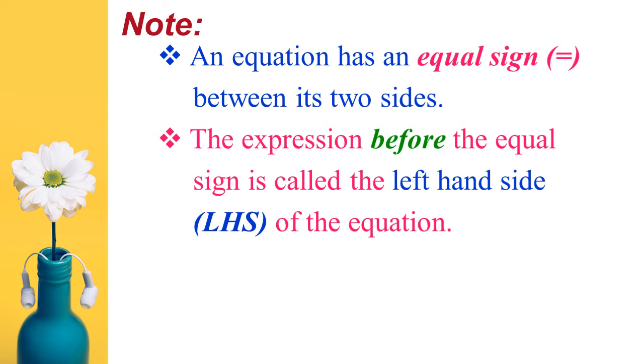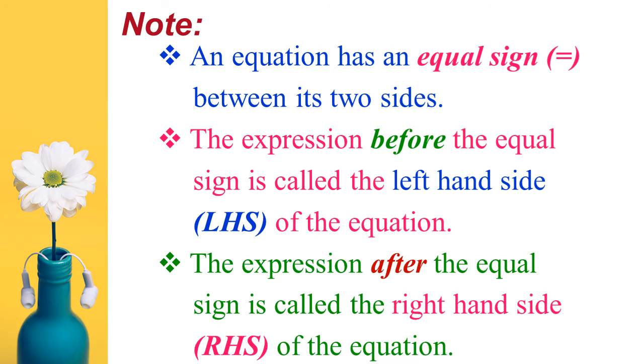The expression before the equal sign is called the left hand side, that is LHS of the equation. Next, the expression after the equal sign is called the right hand side, that is RHS of the equation.